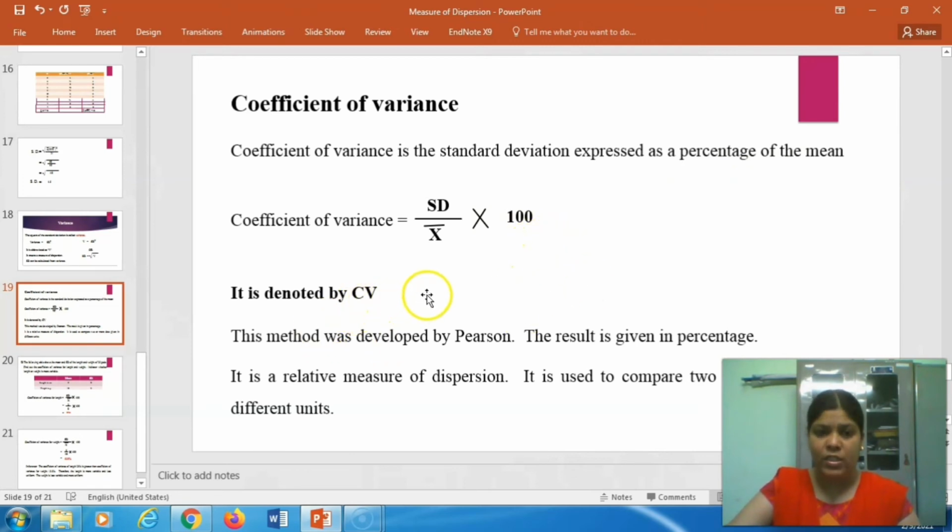It is denoted by CV. CV means coefficient of variance. This method was developed by Pearson. The result is given in percentage. It is a relative measure of dispersion. It is used to compare two or more data given in different units.